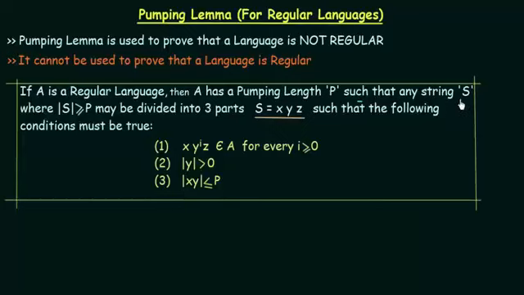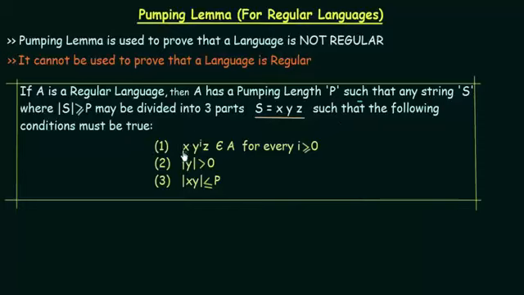If you take any string S from the language A whose length is greater than or equal to the pumping length, then this string S can be divided into three parts, X, Y, and Z. So you have to decide how to divide the string into three parts, and you have to divide it in such a way that the following conditions are true.